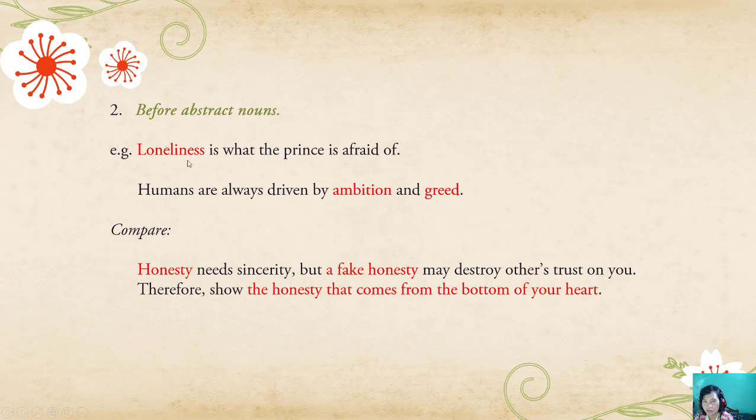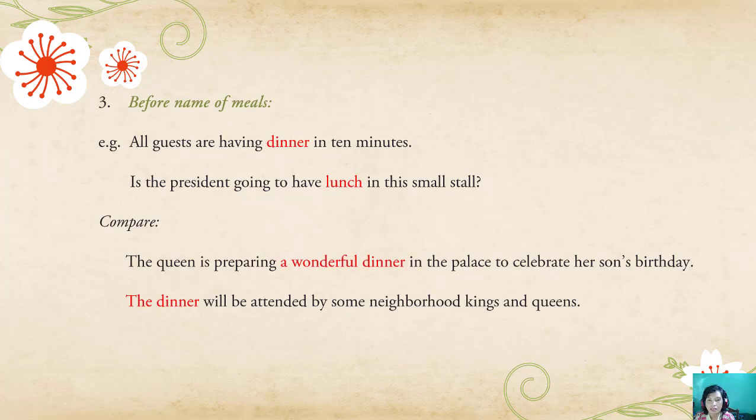So we have zero articles, but you can have a here because it is more particular, a fake honesty, and there is adjective here. And we have the honesty that it is definite. We use the because it is followed by clauses. Okay. Before name of meals, all guests are having dinner in 10 minutes.